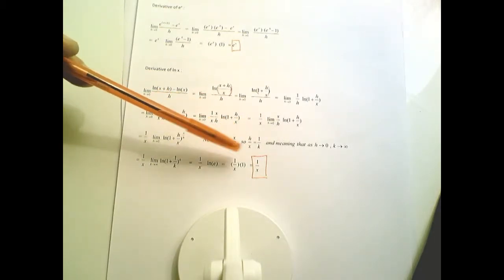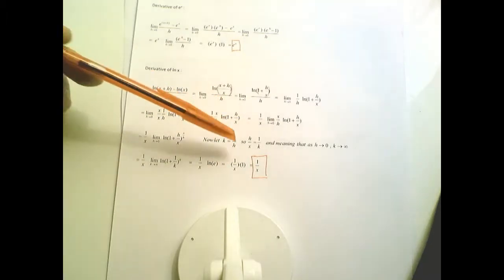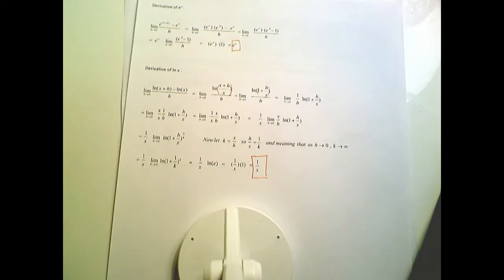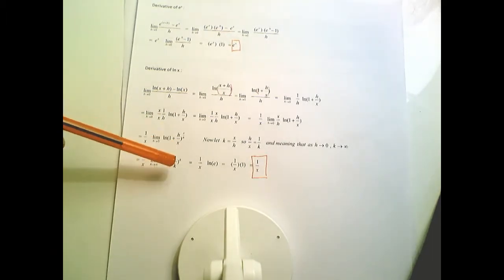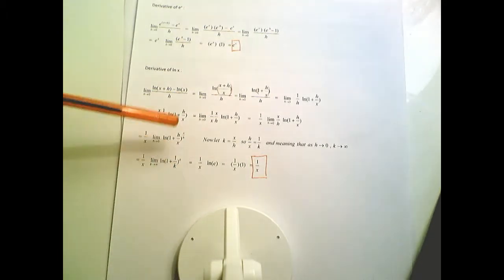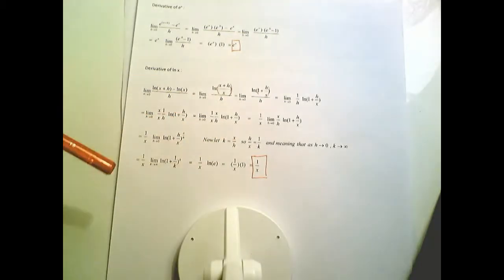If I let h approach 0, x over h is approaching what? It's approaching infinity. k is approaching infinity. So this whole statement I can now rewrite as 1 over x times the limit as k approaches infinity of 1 plus 1 over k, raised to what? The k power. All because k has been defined as x over h.